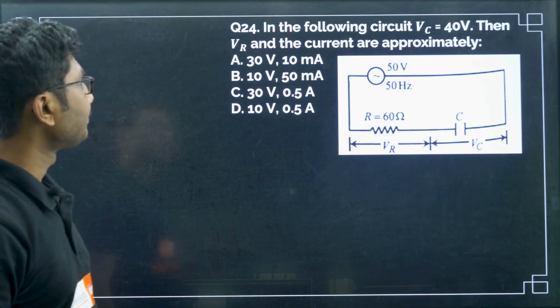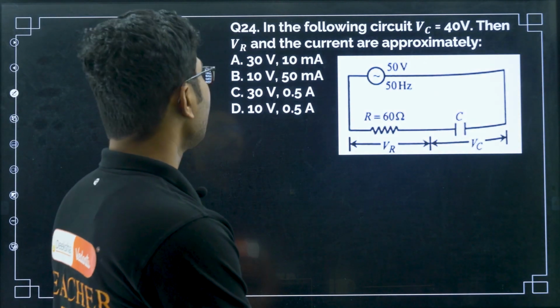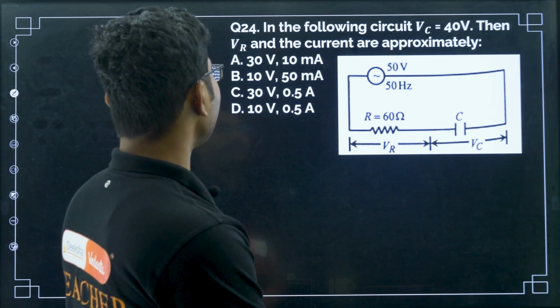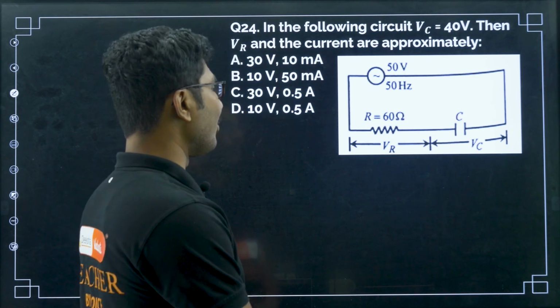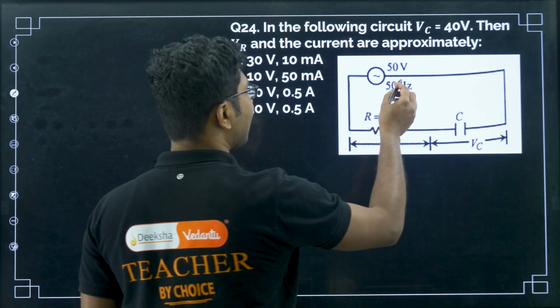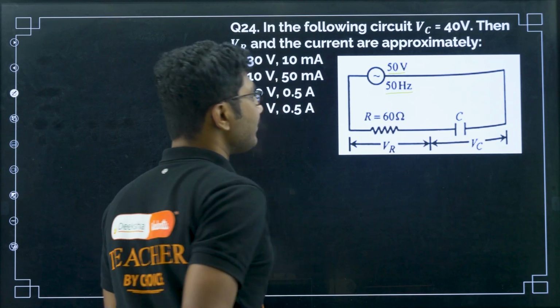Now, next question. In the following circuit, VC is 40 volt, then VR and the current are approximately. So what have they given? They have given the input voltage is 50 volt, input frequency is 50 hertz.